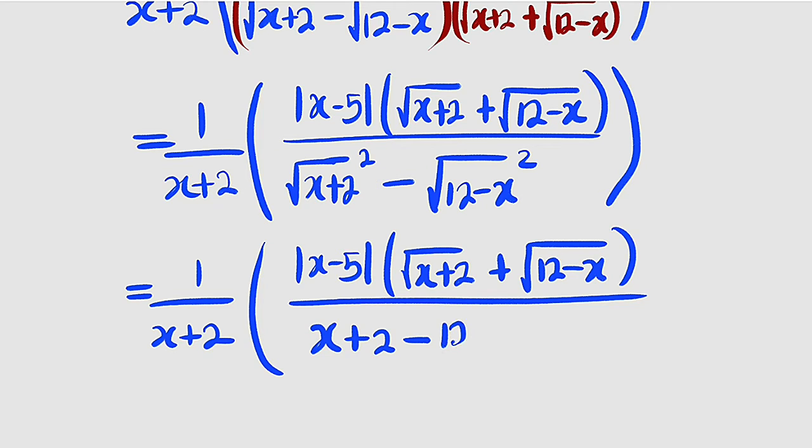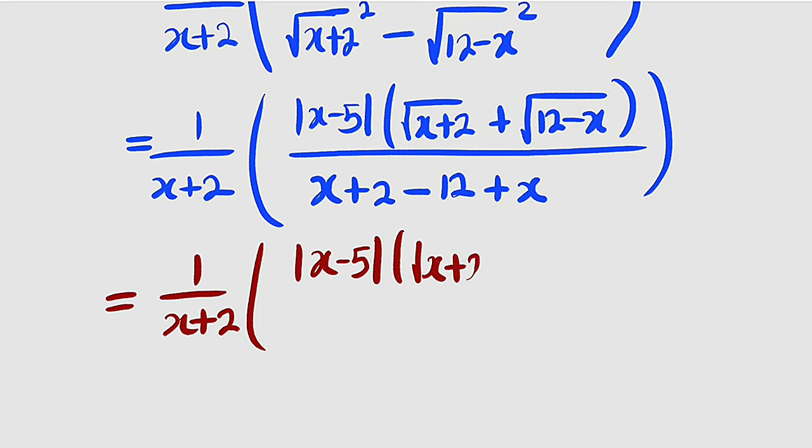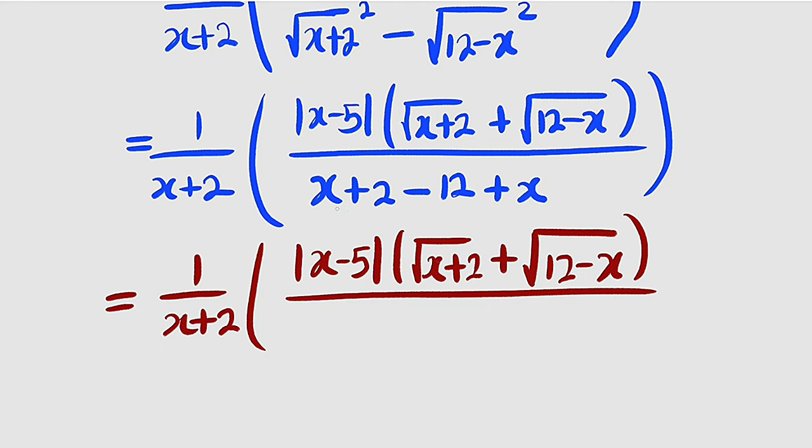So we have minus 12, then plus x. This is equal to 1 divided by x plus 2 multiplied by the top, divided by the bottom. Here we have x plus x, which is equal to 2x. And 2 minus 12 is negative 10.